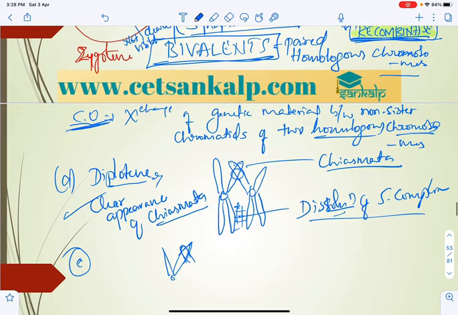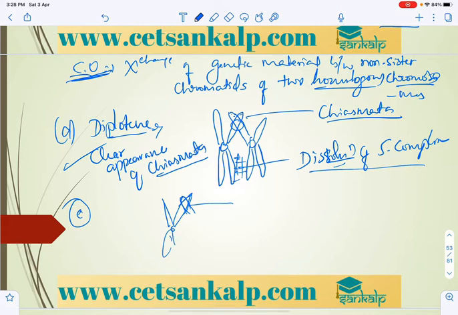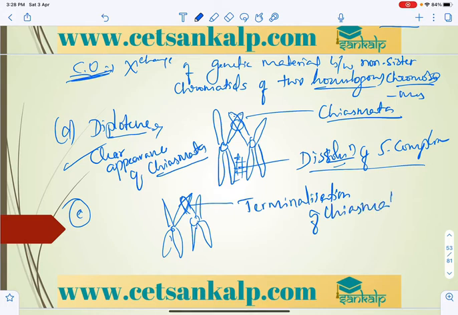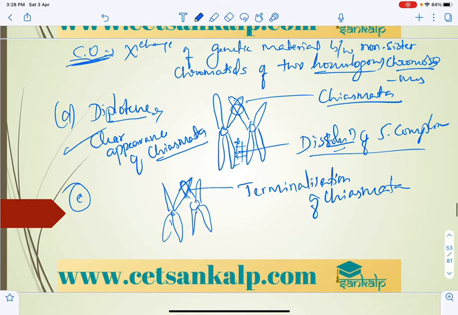So diakinesis is the next phase, where terminalization occurs, the chiasma completely moving to the ends. What exactly happens there: terminalization of chiasmata, where after the exchange they are going to become free. There is no synaptonemal complex, and at one particular point it forms an X-shaped structure.